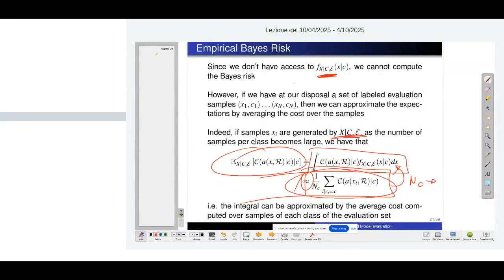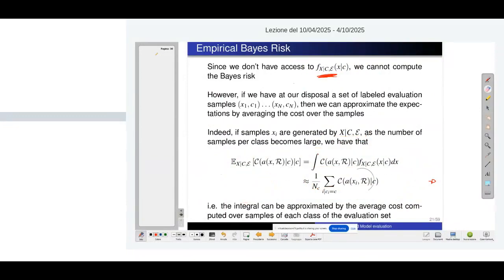So we replace the distribution by the empirical class distribution and approximate this integral by the summation. The summation is what? I sum over the samples of each class, so each time I'm considering a single class, the expected cost of the actions taken for the samples of that class. This is similar, and we will see it becomes exactly the same, as computing a sort of per class error rate.